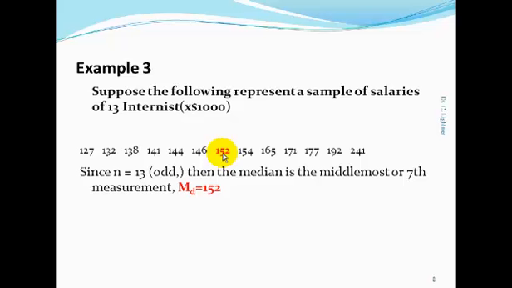There are 6 numbers that are smaller than or equal to 152, and also 6 numbers that are larger than or equal to 152. Therefore, 152 is our median. It is the number in which at least 50% of our data values are that value or smaller, and 50% of our data values are that value or larger.